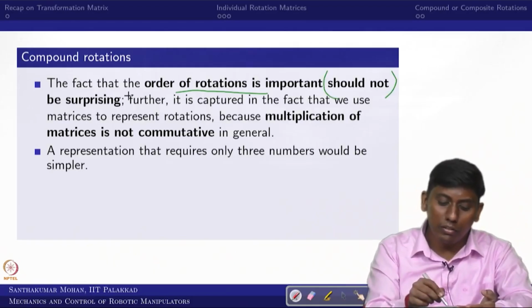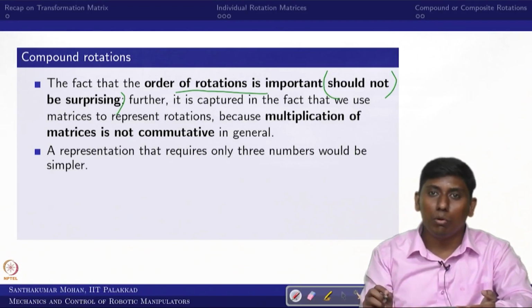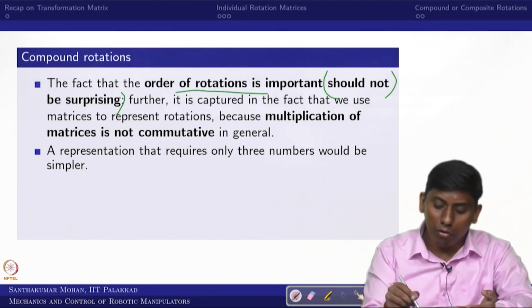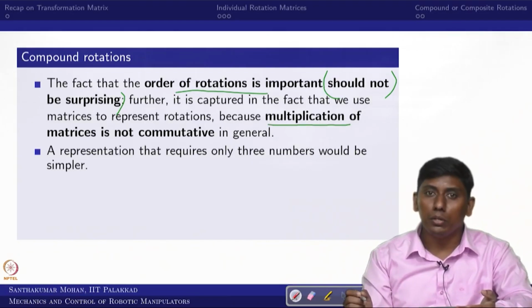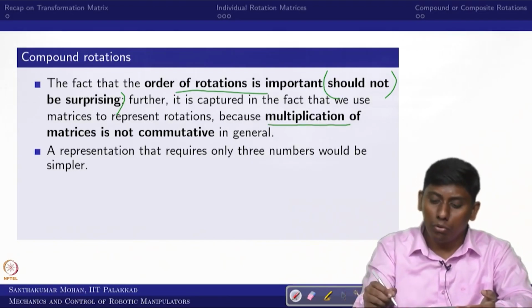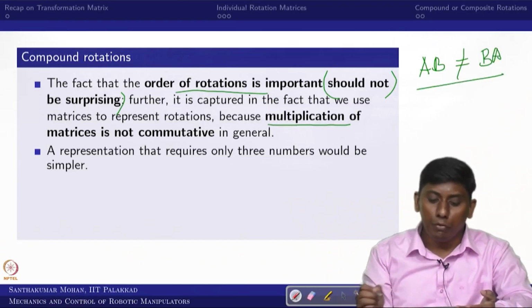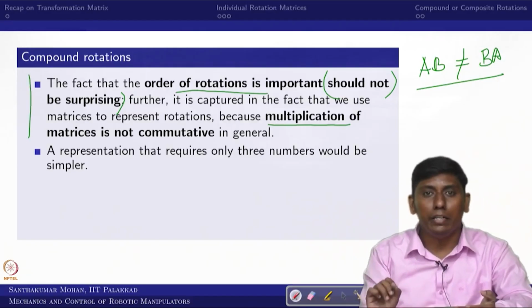It is not supposed to be surprising, because if you interchange the order, your matrix multiplication will give a different answer. That is what we have written. Multiplication of matrices is not commutative, right? So if you have matrices A and B, the product AB is not the same as BA. If the order is different, the final answer would be completely different.